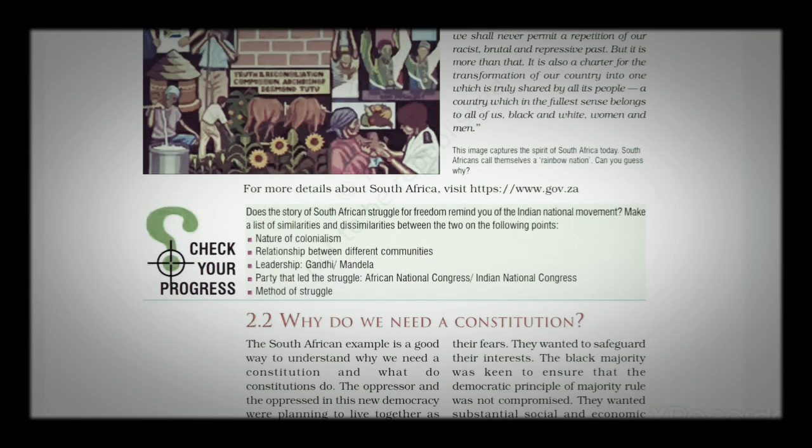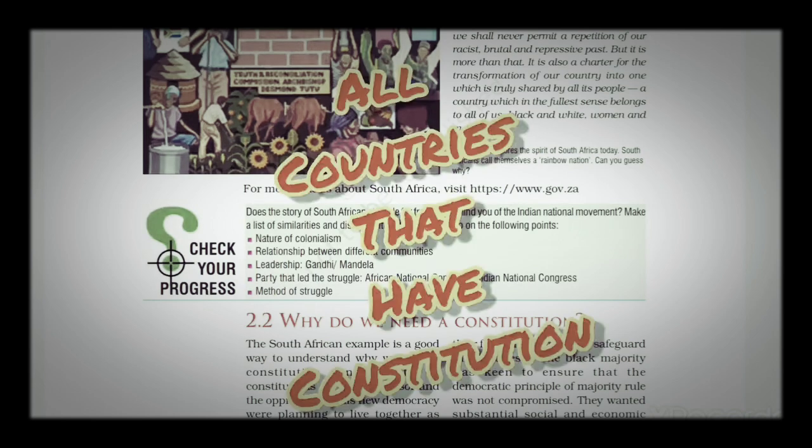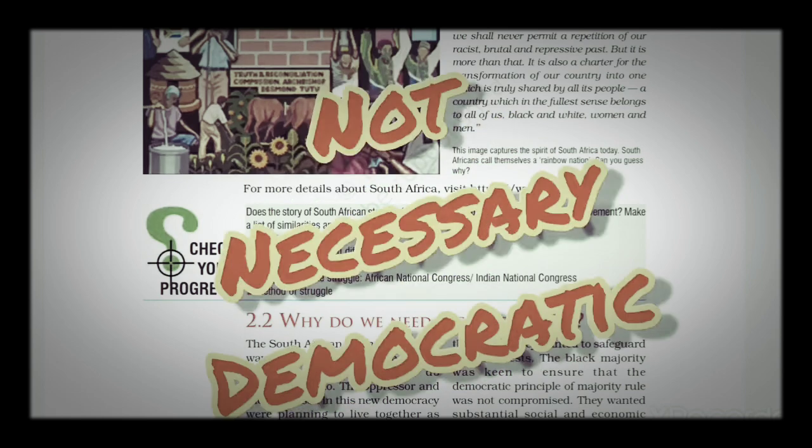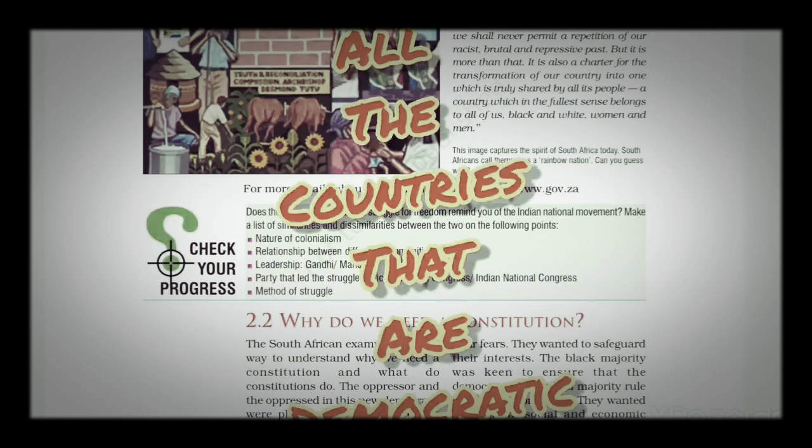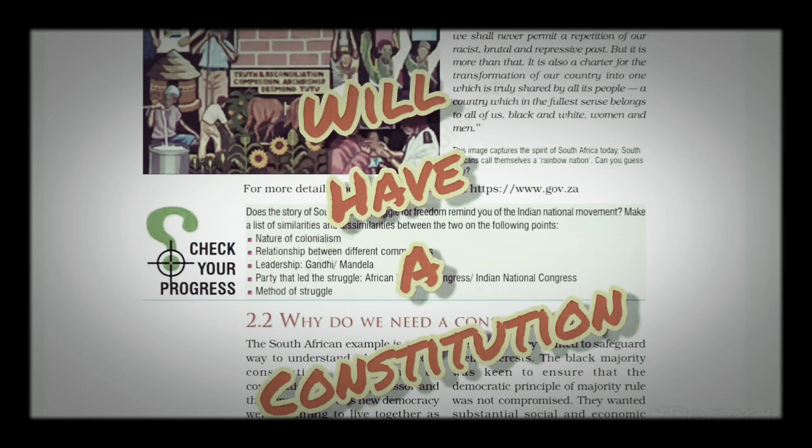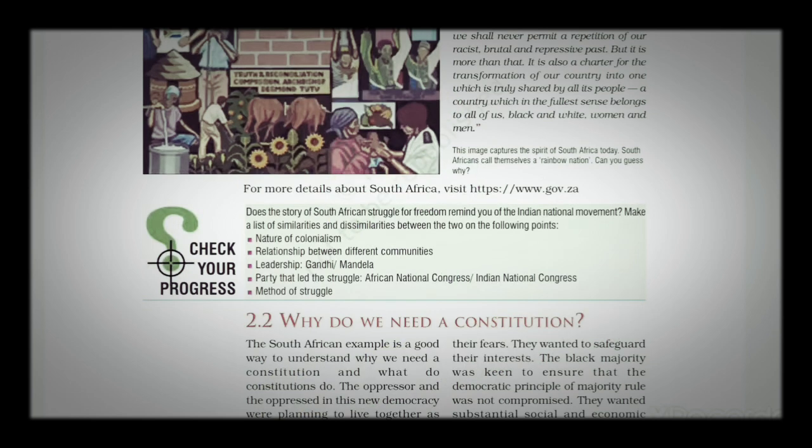And the most important point you all have to remember, that all countries that have a constitution are not necessarily democratic, but all the countries that are democratic will have a constitution. We have seen in the previous chapter also in Pakistan, in Zimbabwe, in Mexico, where there is a constitution, but the government is not performing democratically.